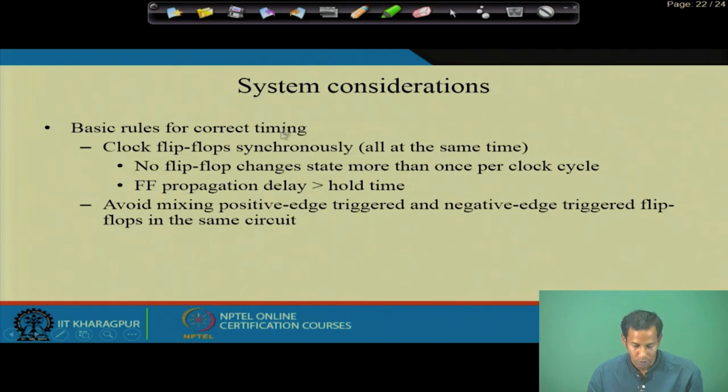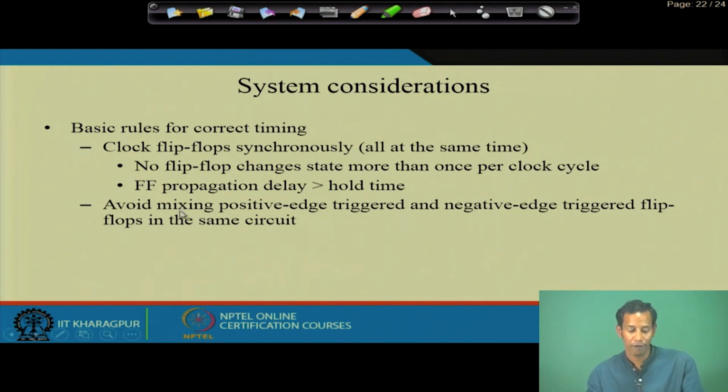So, there are some basic rules to correct the timing: whenever two flip flops are synchronously connected, that means they operate at the same clock event, no flip flop changes state more than once per clock cycle, and the flip-flop propagation delay should be more than the hold time.